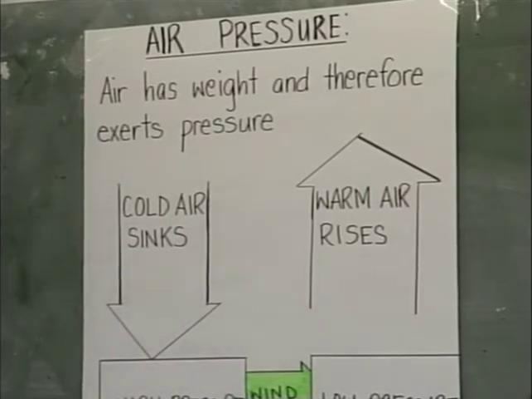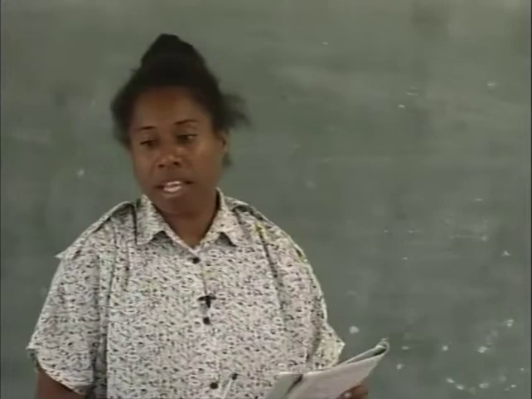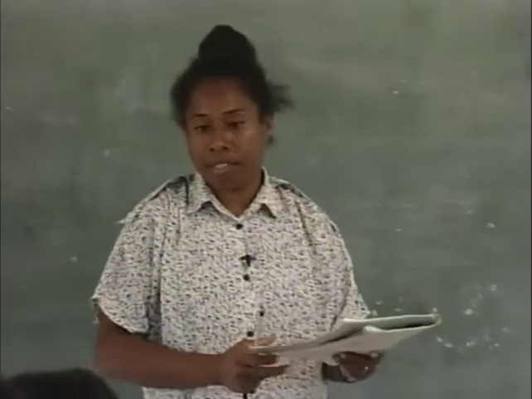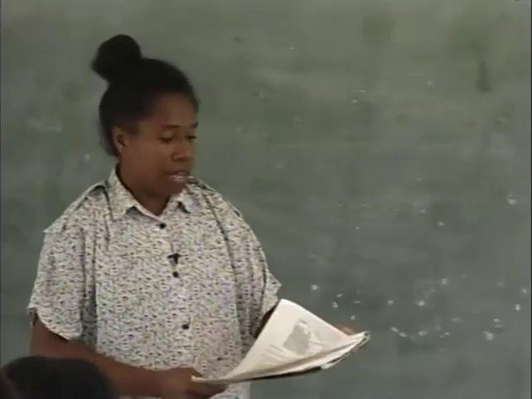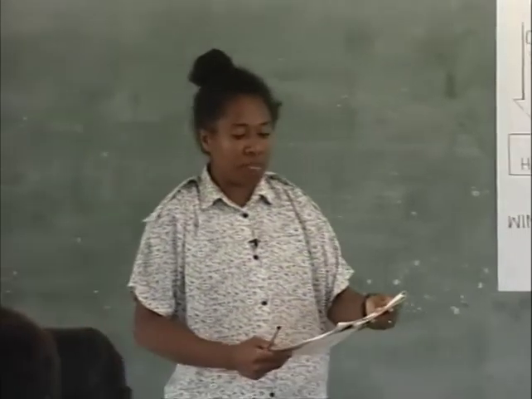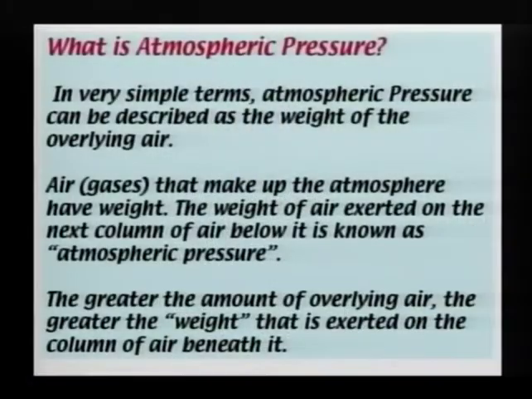If you look at the information from the booklet, it reads: the gases which make up the atmosphere have weight and so exert pressure. Atmospheric pressure at any point on the Earth's surface is the weight of the column of air above that point, extending to the outer limits of the atmosphere.